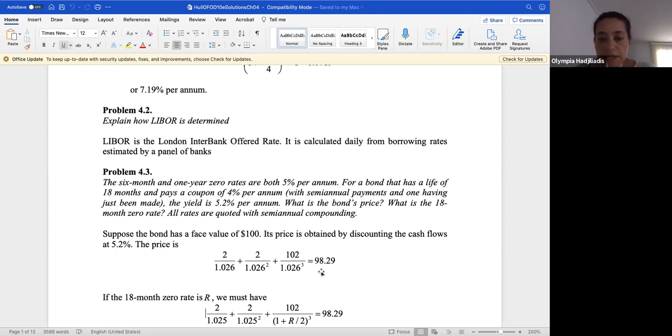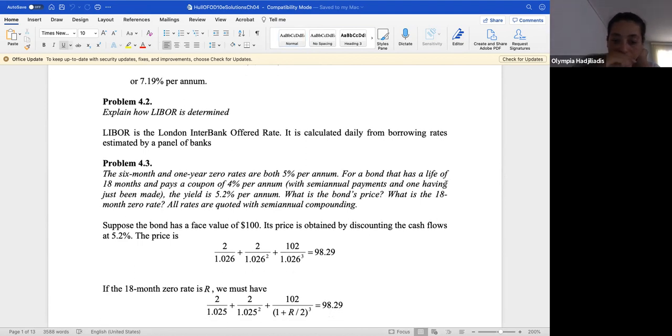And then finally, there is the face value plus the coupon, which is 102, and that you discount to the present by 1.026 cubed, and that gives you $98.29.